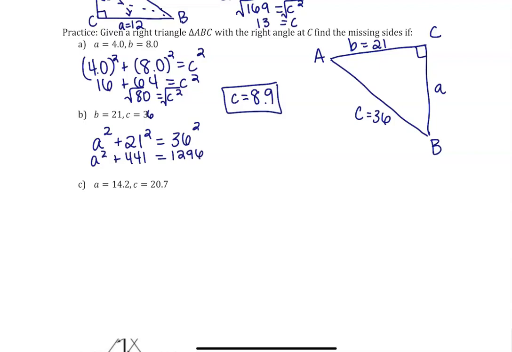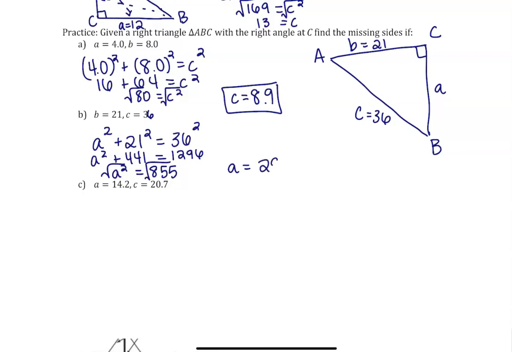Now to solve this, we will need to subtract 441 from both sides. That gives us 855.